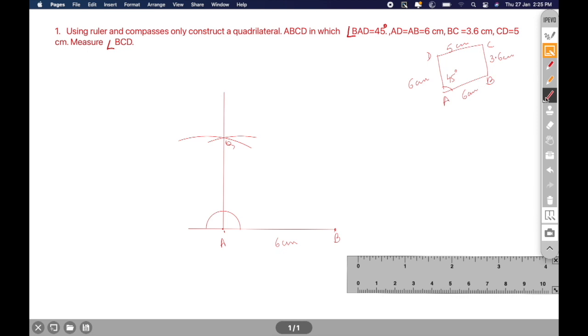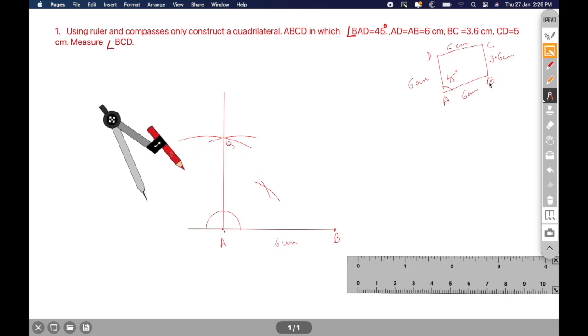Next, let us bisect this 90 degree angle here. So placing the compass at this point in the line segment AB and a radius of any length, we cut an arc here, and again with this point in the other arm of the 90 degree angle as the center and same radius, we cut this arc.